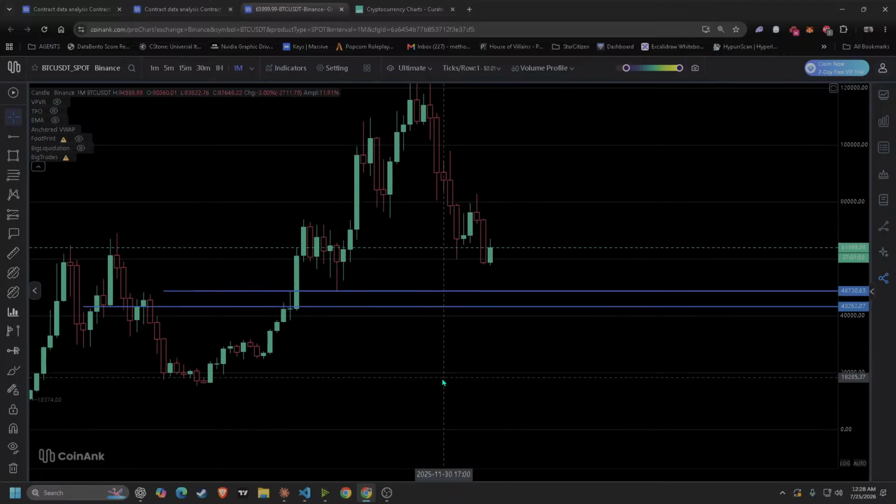So, I think that is completely possible based on what I see on the technicals here. So I think we see 48,000, 50,000 before we see 100,000. Absolutely insane.